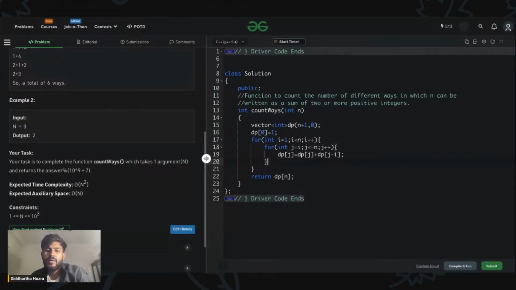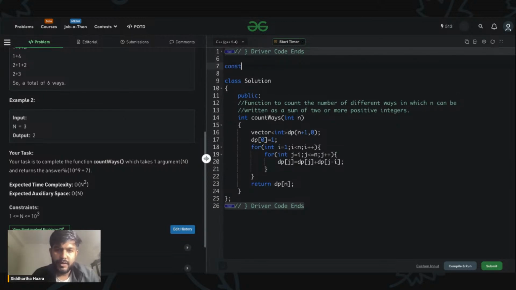Okay. So now we need to do something like modulo. So what we would be doing here, const, because we would be using mod 10 to the power 9 plus 7 again and again. Const int mod is equal to 1e9 plus 7. Okay. So now what we can do is, to take a plus b mod, it would be whole modulo mod.